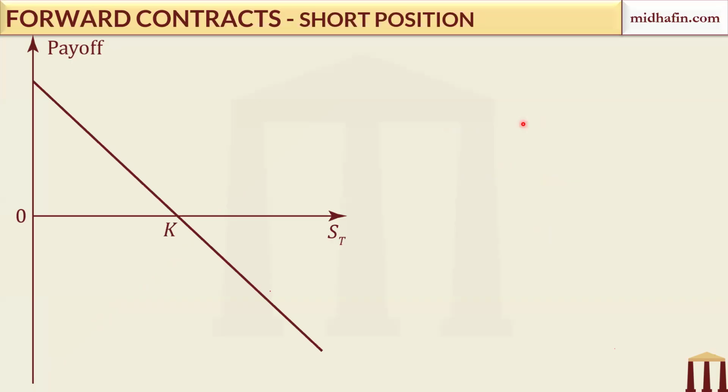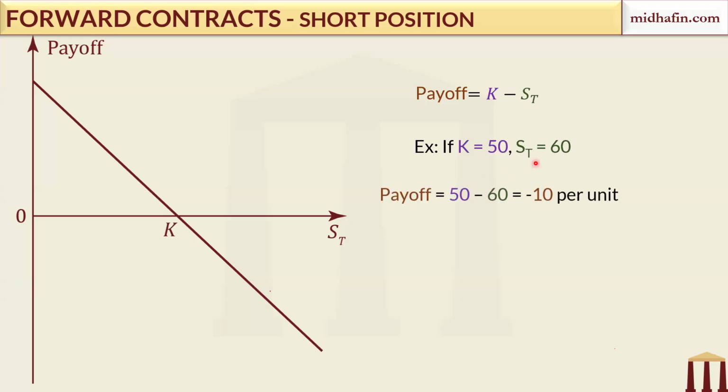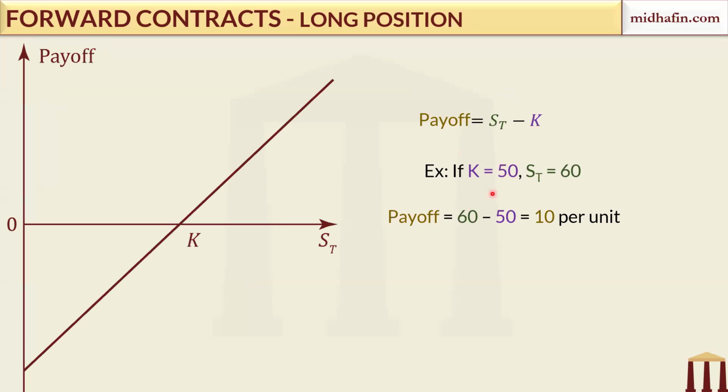Very good. K minus ST. Perfect. So again, we can take an example. If K is 50 and ST is 60, the payoff is negative 10 per unit. As I said, I'll replicate this diagram, both of them. So the same diagram I've replicated over here.